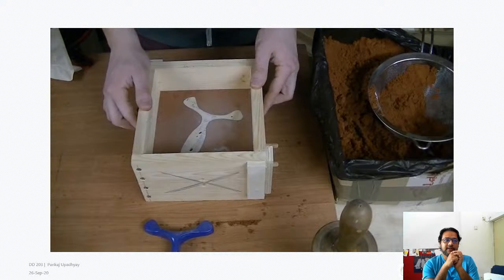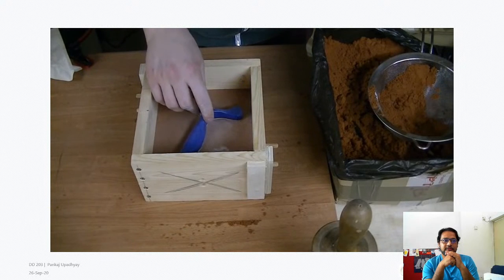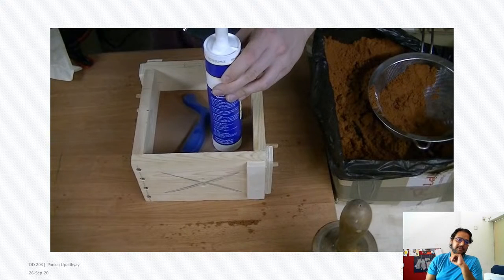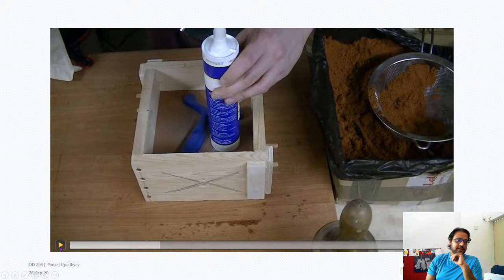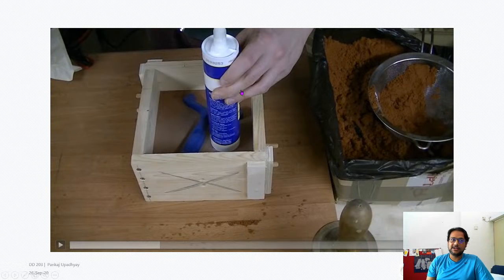Now the second half of the mold can be made in similar fashion, only that I added a silicone cartridge to form the sprue for pouring in the molten metal. So here, what he's done is he's going to put this silicone cartridge. Don't consider it as a silicone cartridge, the silicone makes no sense here.